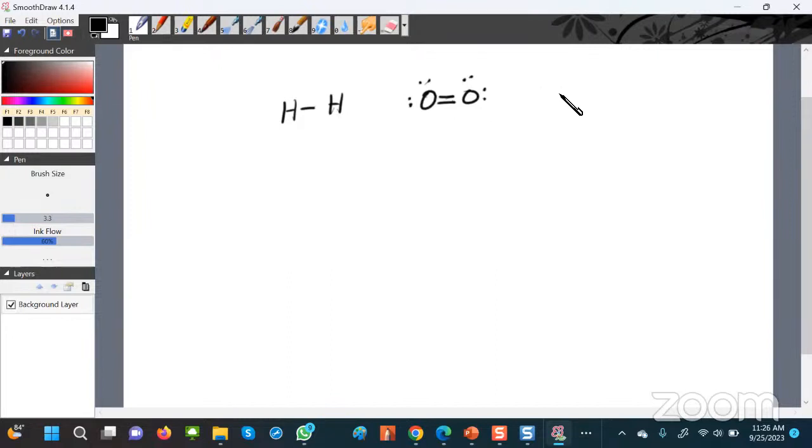And then there's another situation where you can have 3 pairs of electrons being shared between 2 atoms. An example of that would be the nitrogen molecule, right? So this here I'm drawing is a Lewis structure for nitrogen, all right? So this bond we call a single bond.